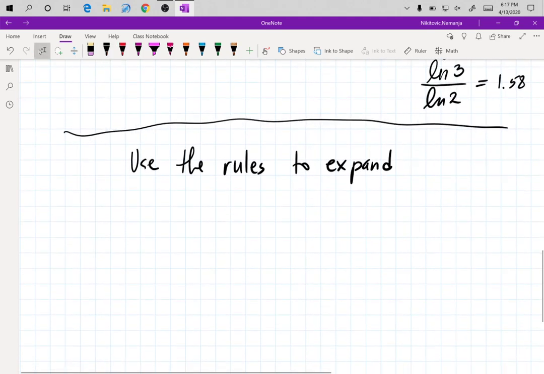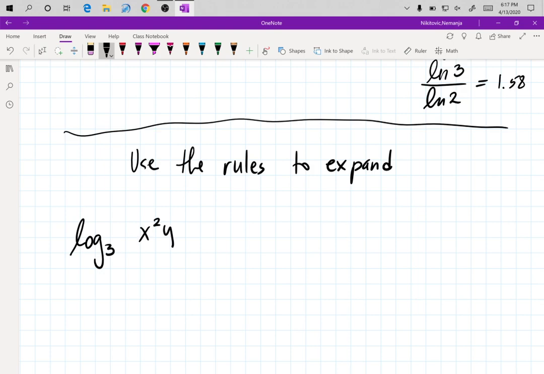This is the one that is important for calculus later on. So you're not supposed to forget this. I mean, you can always relearn it when you get there, but whatever. You will use it. Log base 3 of x squared y divided by 4.